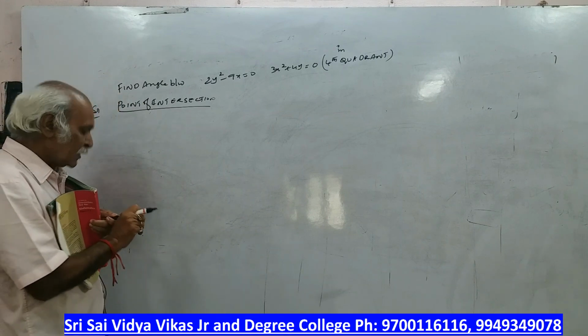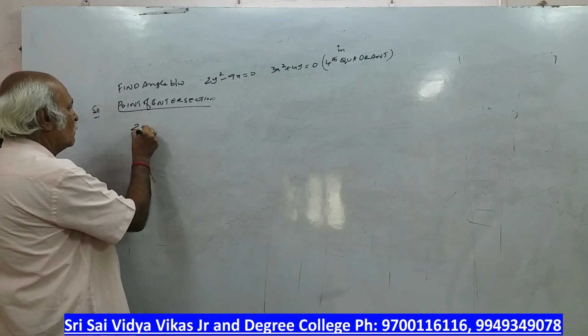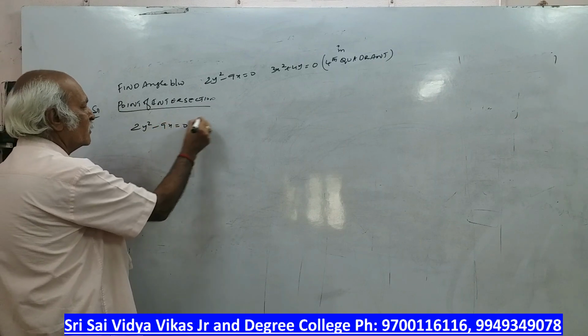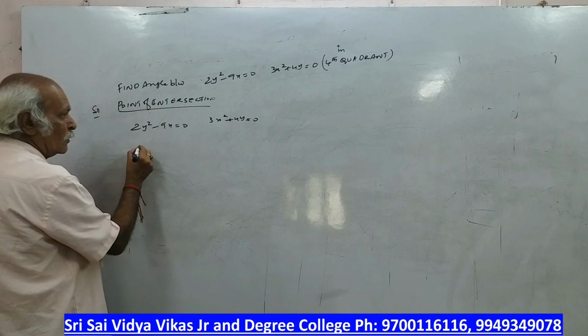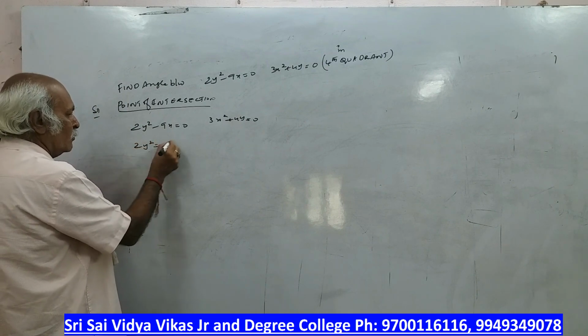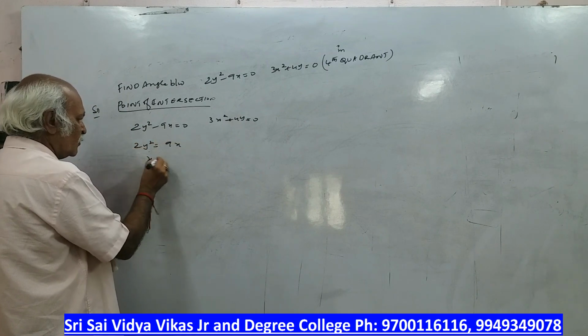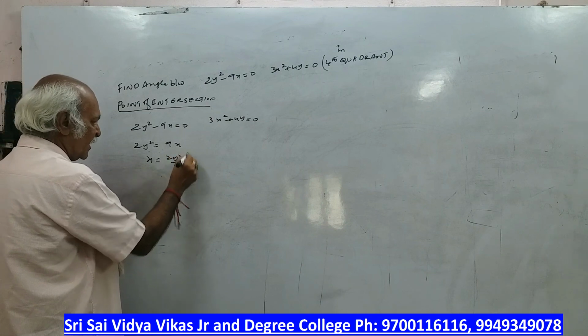Now, first the point of intersection. From this, 2y square is equal to 9x. So x is equal to 2y square by 9.